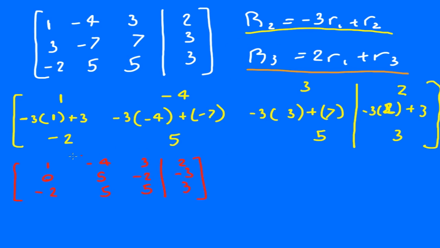Okay, now we want to use the matrix we just got to get our second row operation for row 3.